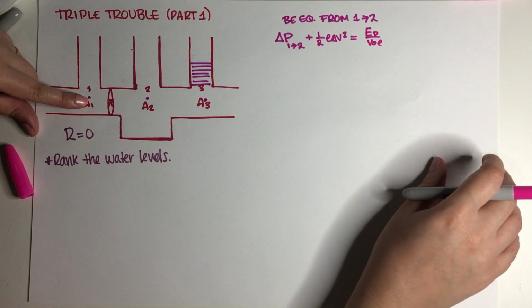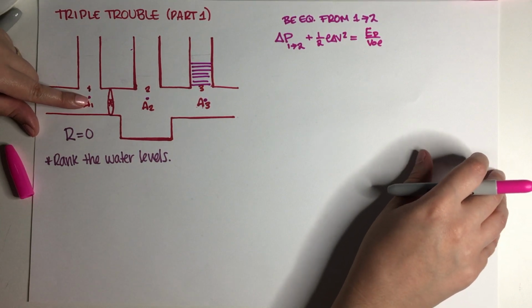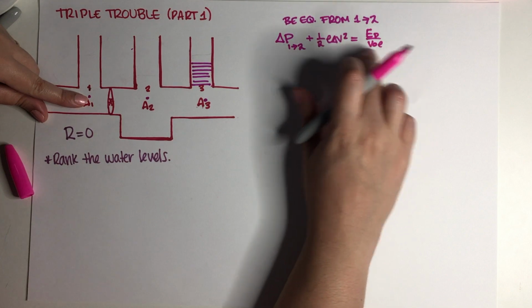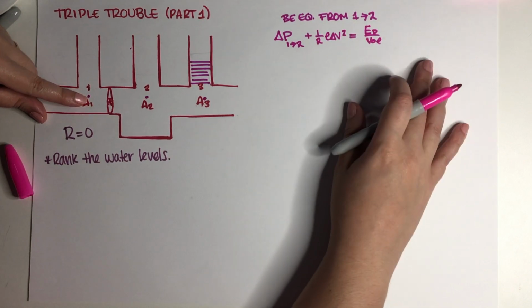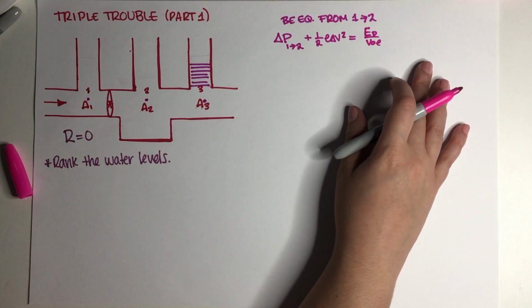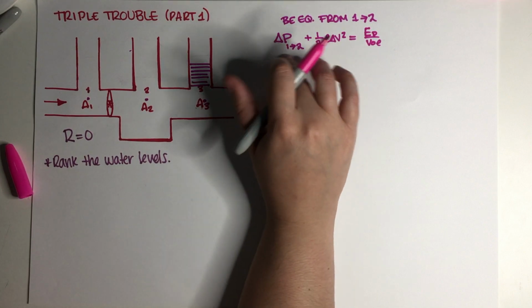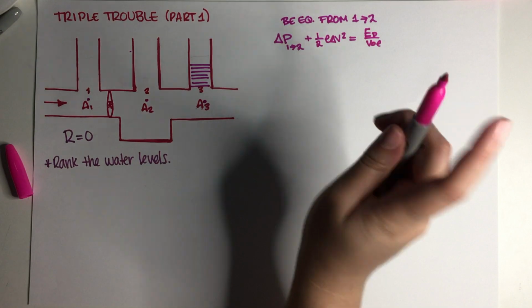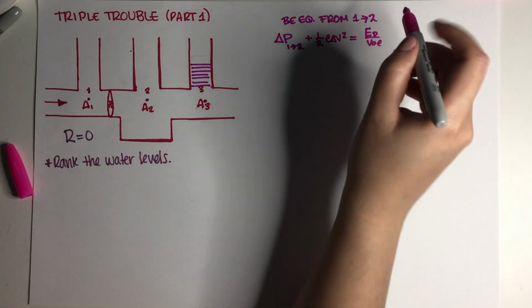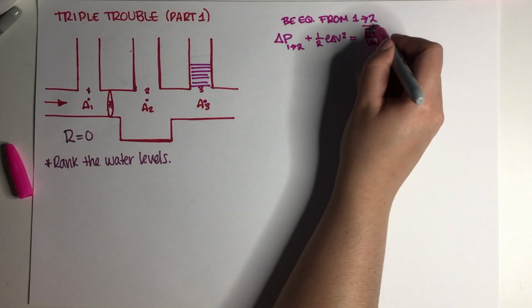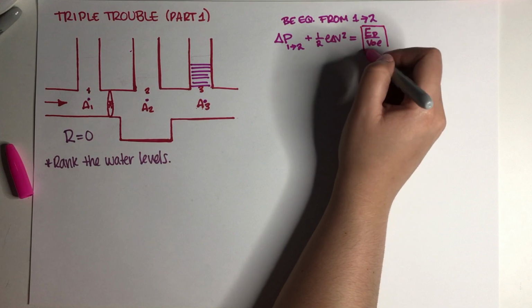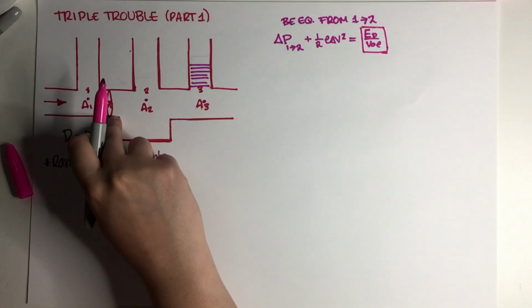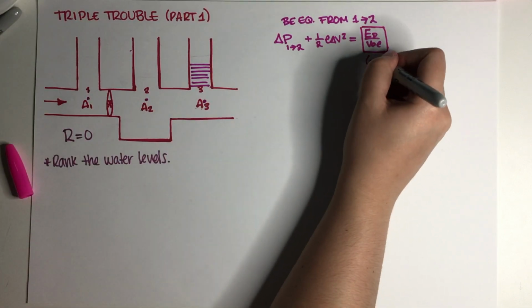Now, what I have to do now is figure out whether these terms are positive or negative, and after that we should be able to figure out if delta P is positive or negative. Now, this term, the energy density that the pump is adding is positive.